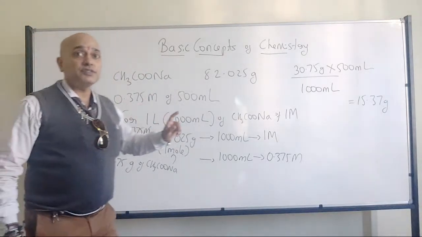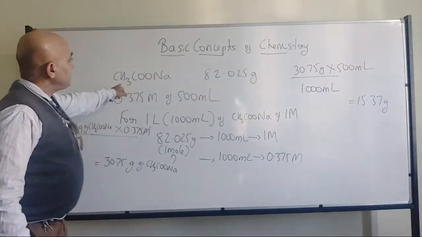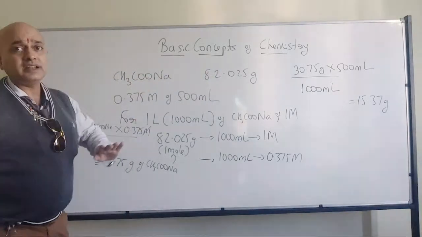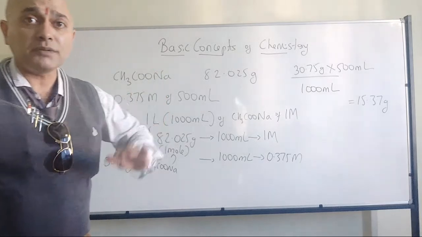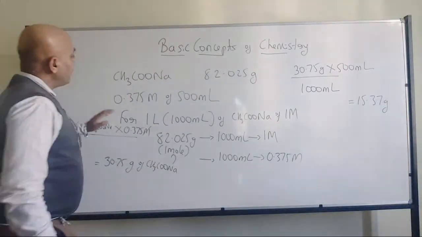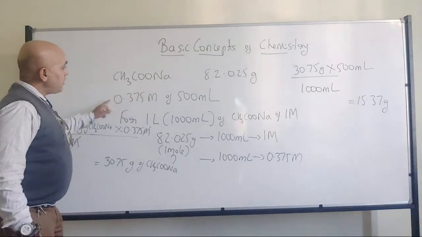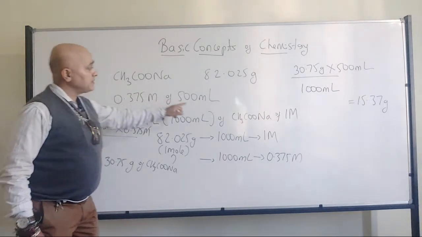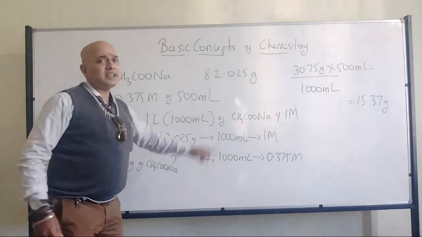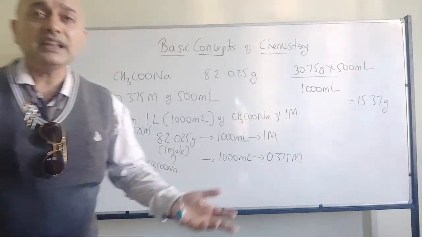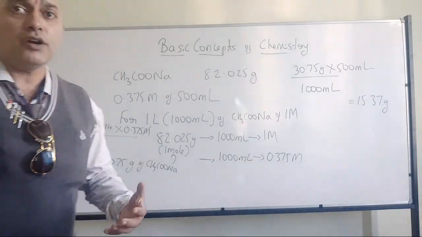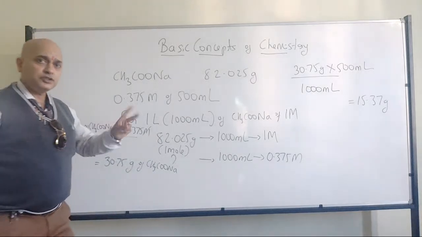If they had not given the molar mass, you would have calculated it using the formula, but they have reduced your burden. Now the required concentration is 0.375 molar. Required volume is 500 ml. So we can directly calculate for 500 ml, no doubt, but instead of that, I am using two steps.